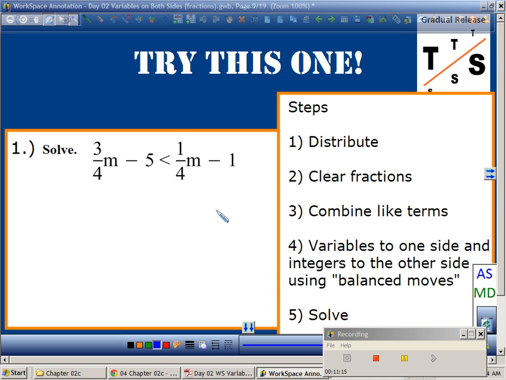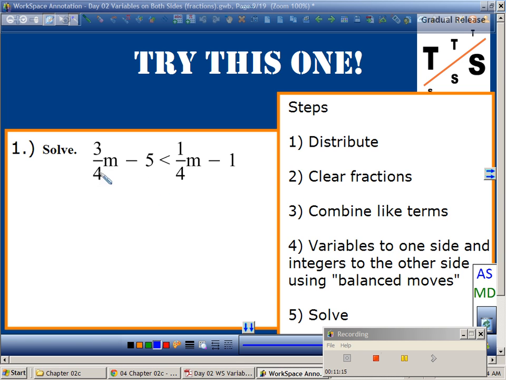There is? Not yet. Second step, clear fractions. How do I clear fractions, Mario? Alex, how do we clear fractions? And the opposite, or in the opposite? Okay, so what's the opposite? What do we have in our denominator?